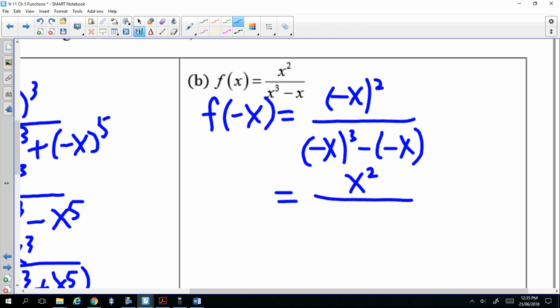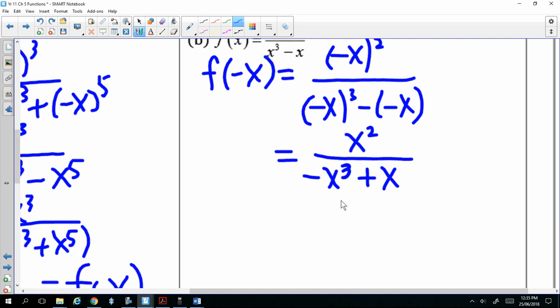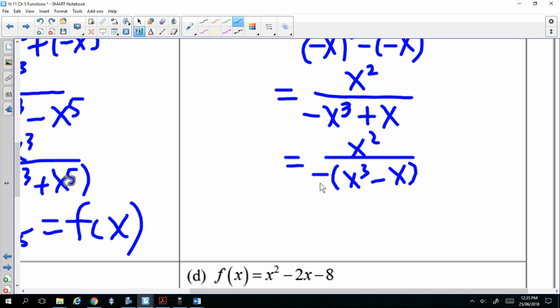Okay, now we have to factorize. Like we did before, factorize the negative out. But there's no negative on the top. So therefore, there's only one negative that survives. So you got negative x squared over x cubed minus x. Now what's this? This is exactly the original, which is the fx.